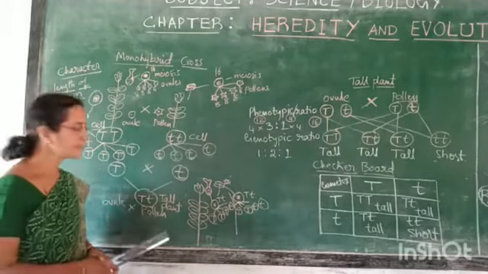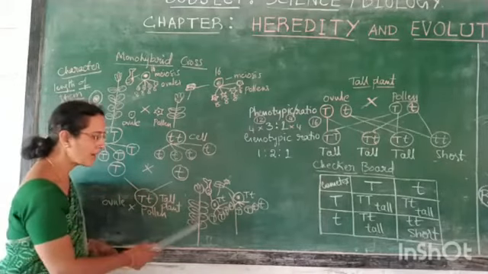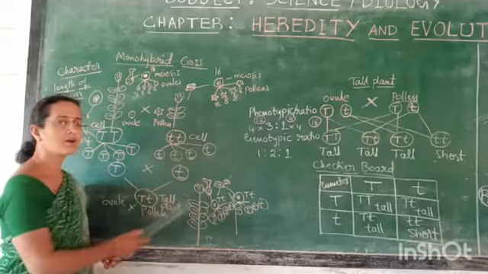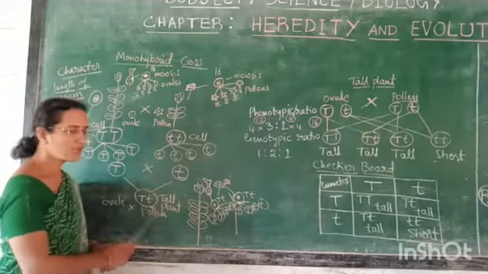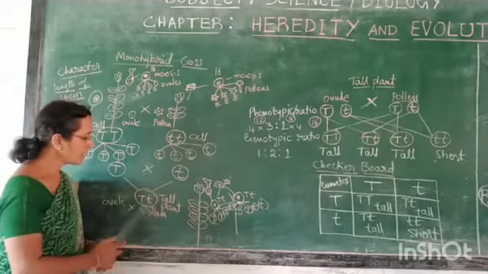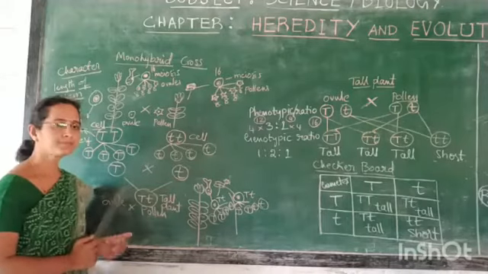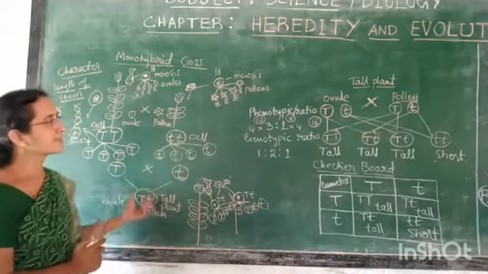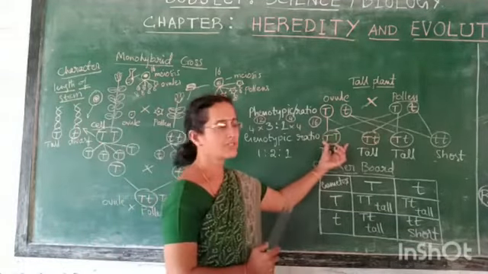As you have learned, the pollen of the flowers of the tall plant was transferred onto the stigma of the same flower. Self-pollination took place in the tall plant, fertilization took place, and it produced seeds.